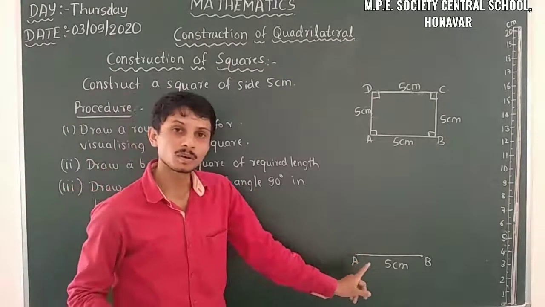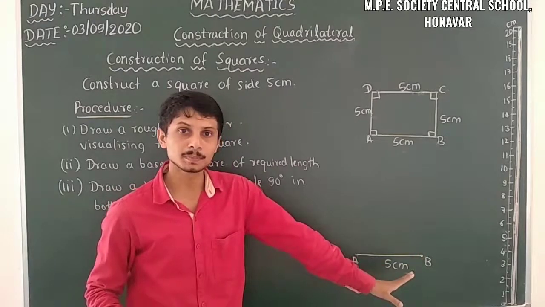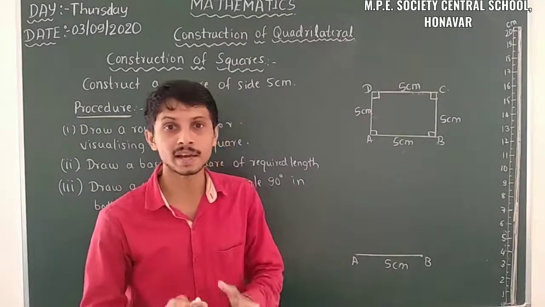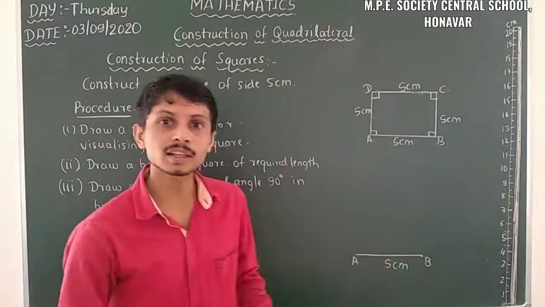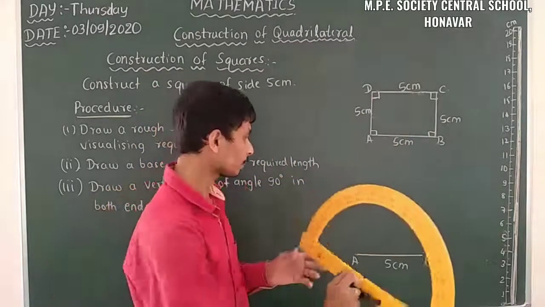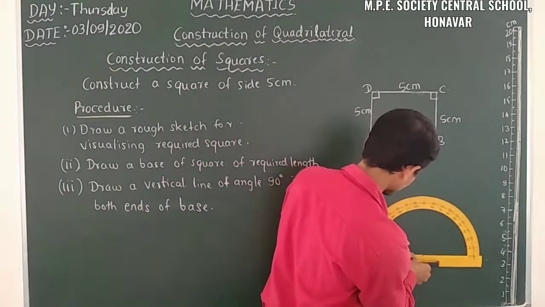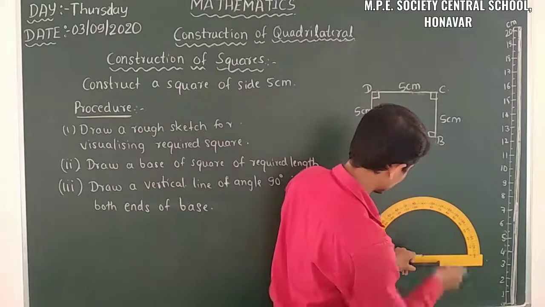What are the ends of this base? A and B are the ends of this base. So we have to draw a vertical line of angle 90 degree. How to draw a vertical line? Using a protractor, you have to mark 90 degree here.